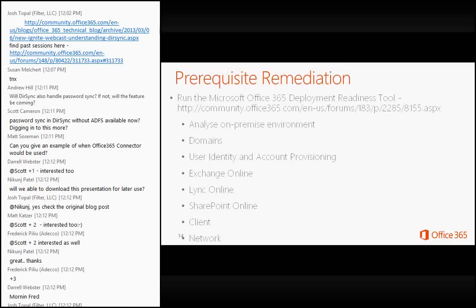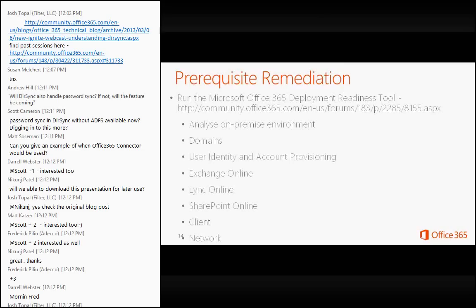We've got things like identity and account provisioning, so we'll get statistical information, the Active Directory schema and domain function levels, and any trusts, so it'll check if you've got multi-forest trusts in place. It'll do the directory synchronization pre-checks and some attribute assessments.